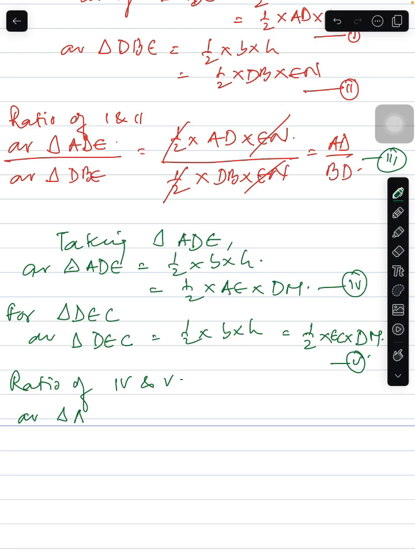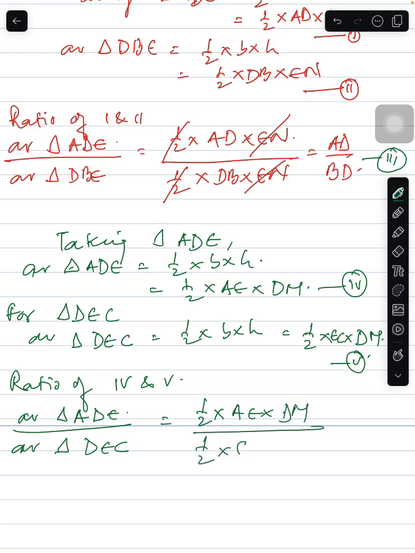Area of triangle ADE by area of triangle DEC is equal to half into AE into DM by half into EC into DM. Now cancel both. What you get is AE by EC. Take this as 6.